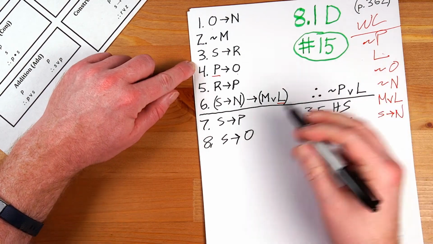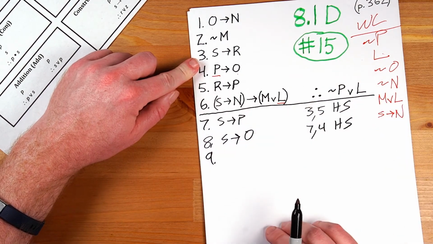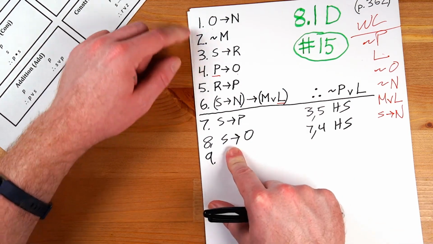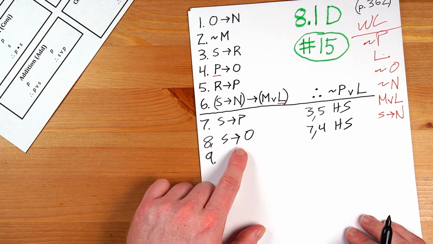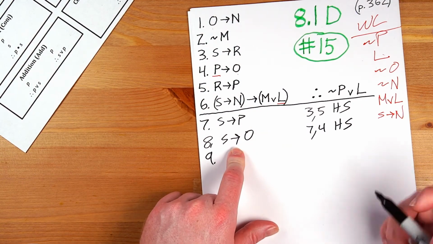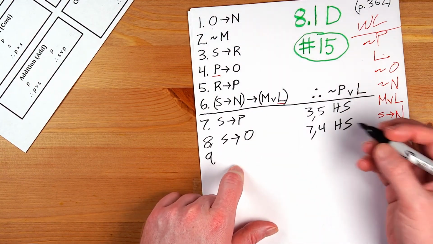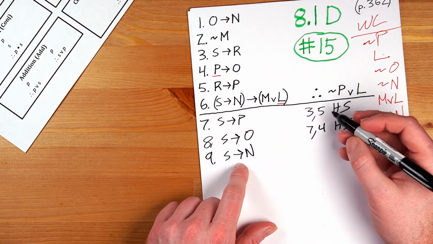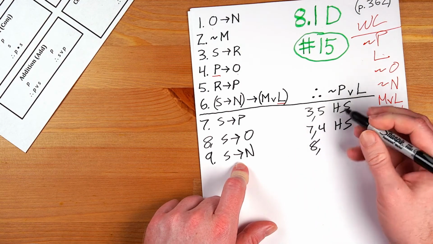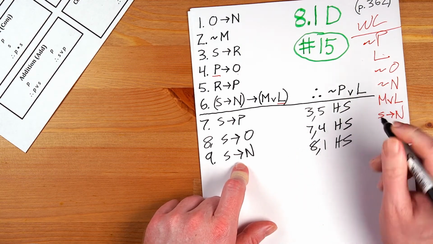Hypothetical syllogism. Again. Now, we look at 1 and we have O arrow N, so we can combine that with 8 and get rid of that O, and that will give us S arrow N. And that's 8 and 1 hypothetical syllogism.